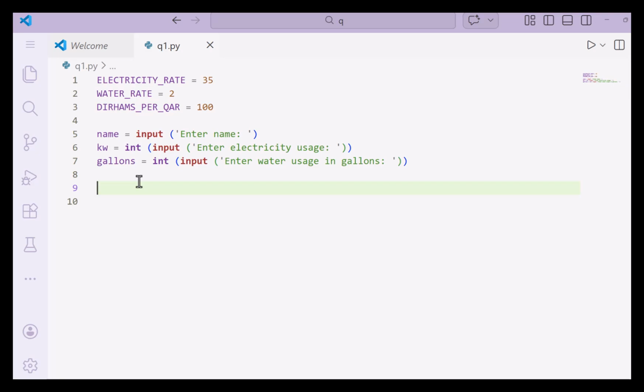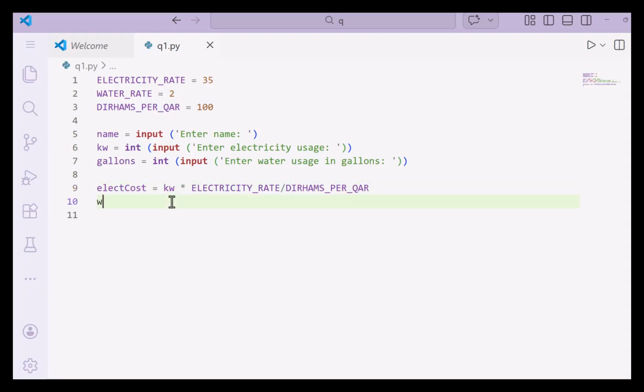So let us say here, electricity cost is equal kilowatts times electricity rate, which is a constant. And we can divide this by dirhams per Riyal. So we will get the output here in Riyal, since we are dividing by 100.